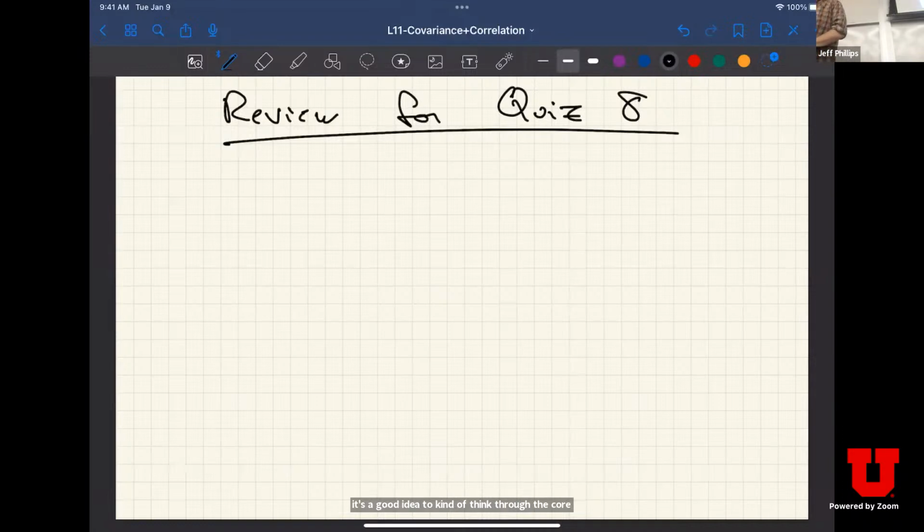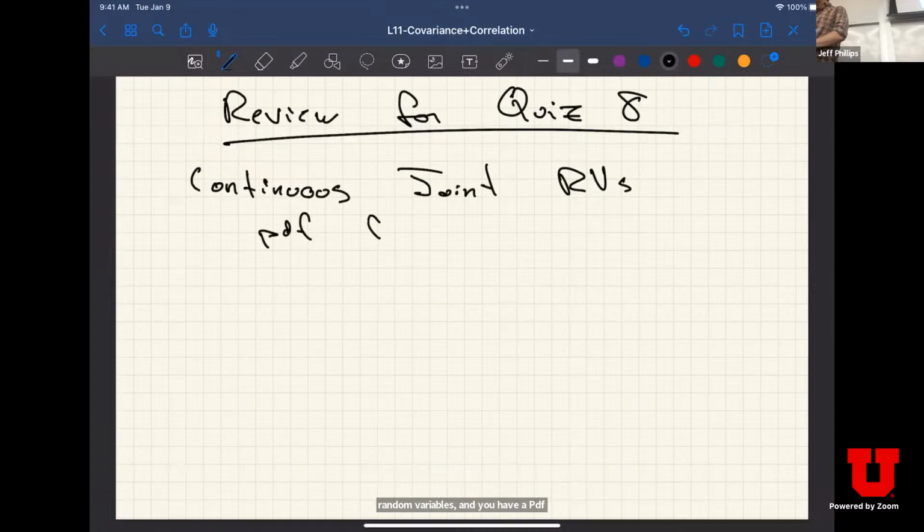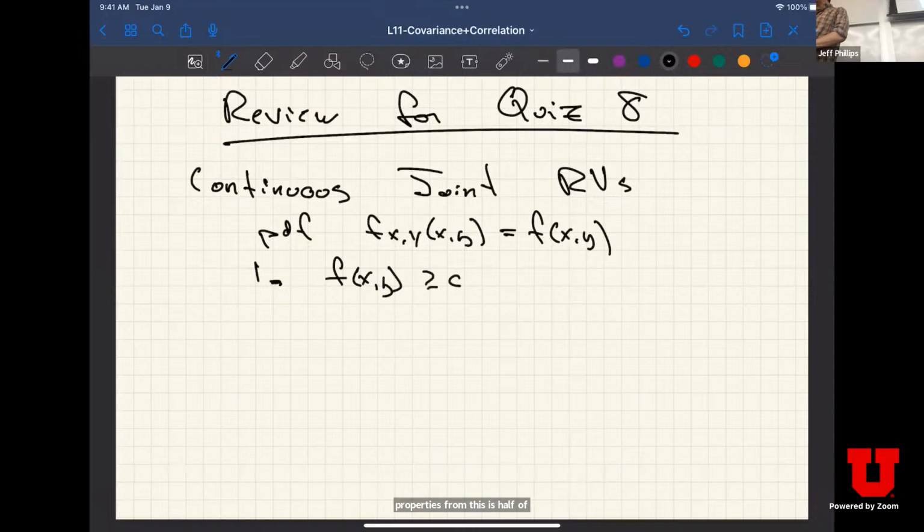So the first thing was continuous joint random variables, and you have a PDF, right? F of x, y. Okay, and I have these properties. The key properties from this are that f of x, y is always greater than or equal to 0.